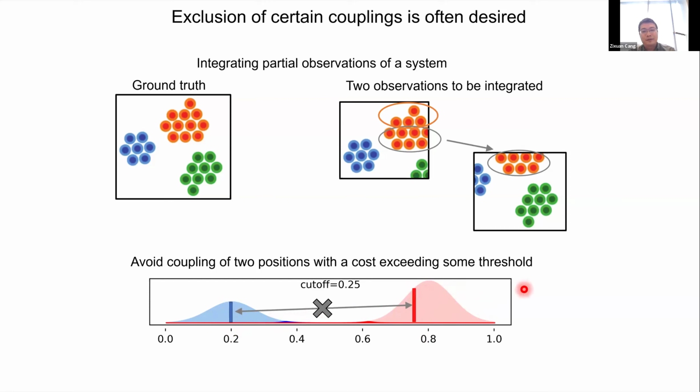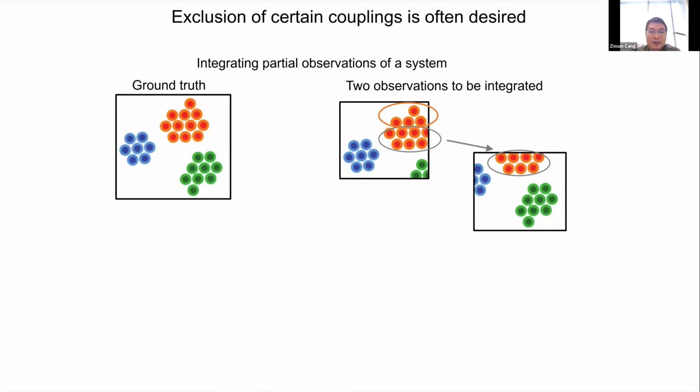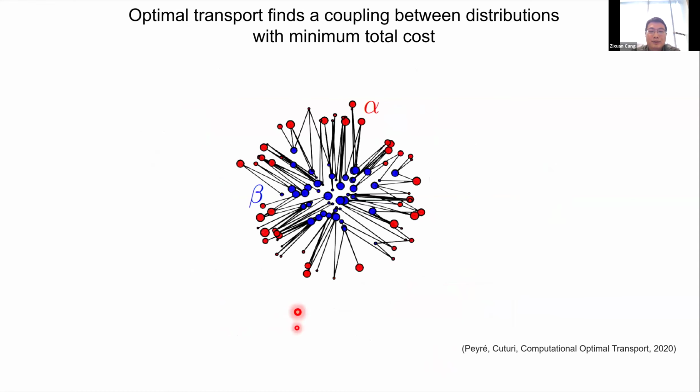Due to the unreasonable signaling distance. Right, so to summarize these two scenarios, basically, we want to avoid some couplings in the transport matrix. Or in other words, we want to exclude certain edges in the final transport plan, which are unreasonable in our biological applications.